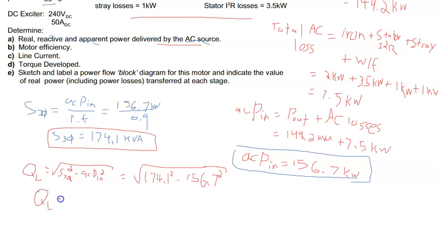So Q_L, once we work that out, we get 75.9 kVAR.